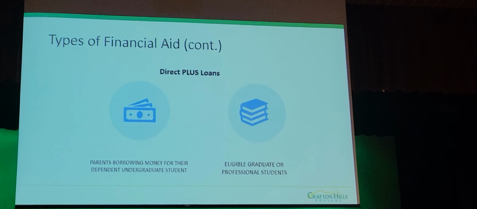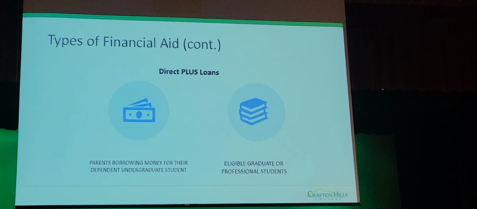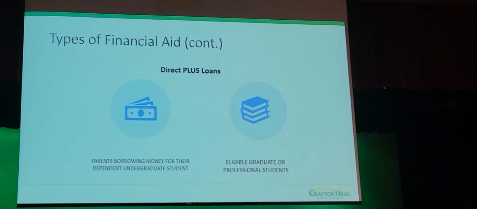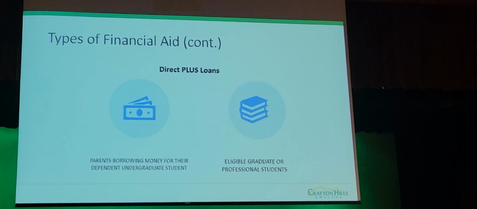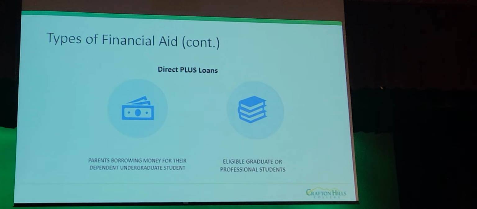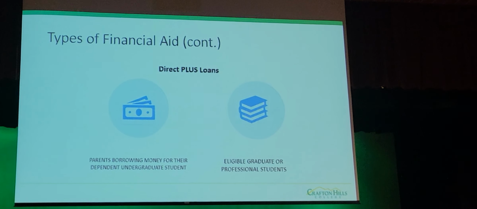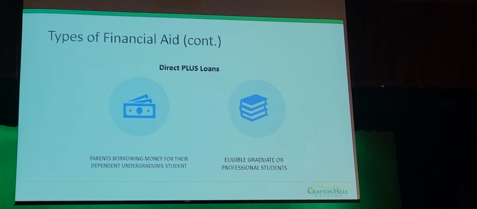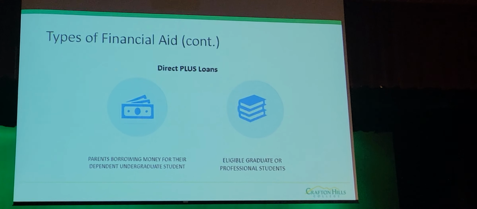Next slide. Okay, so this is the Direct PLUS for the parents. This is how I mentioned that the parents can also take out loans to cover some of the students' expenses. For example, let's say there's an unexpected housing cost for the student that they need additional loans for. These loans are under the parents' names, but they go to the student's account.